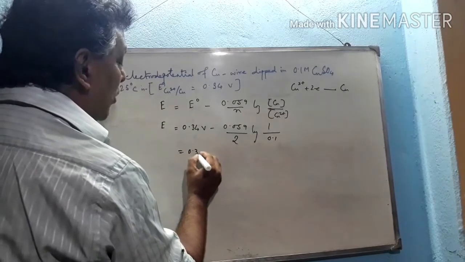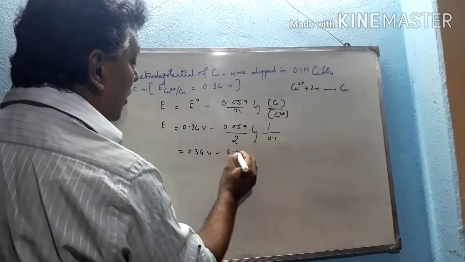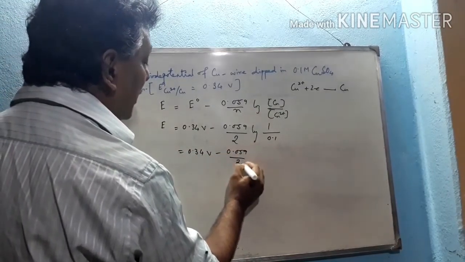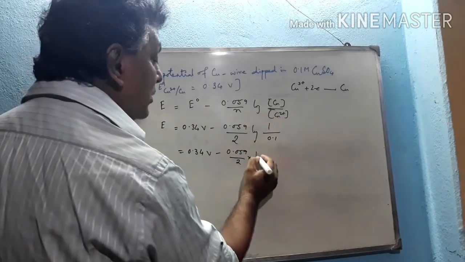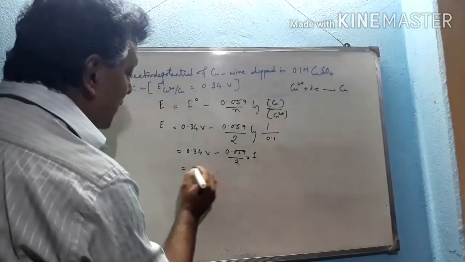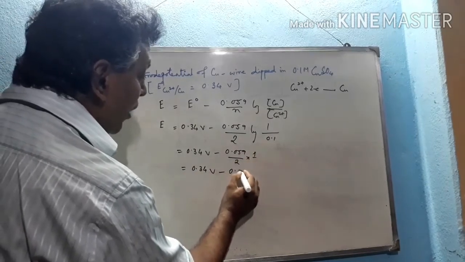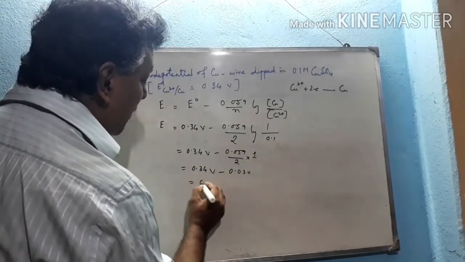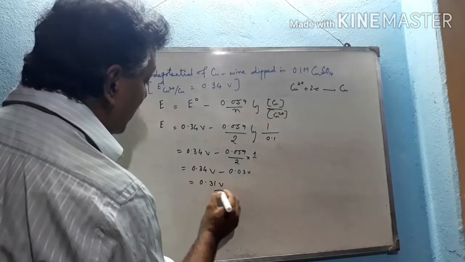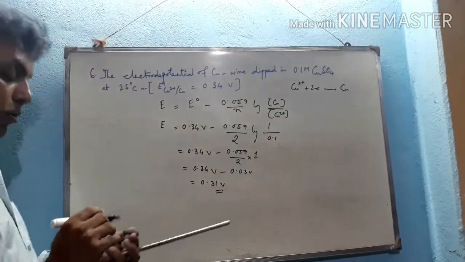So this equals 0.34 volt minus 0.059 divided by 2 into log 10, so log 10 becomes 1. That means 0.34 volt minus approximately 0.03 volt, so approximately 0.31 volt. This will be the answer. This is the electrode potential of copper wire.